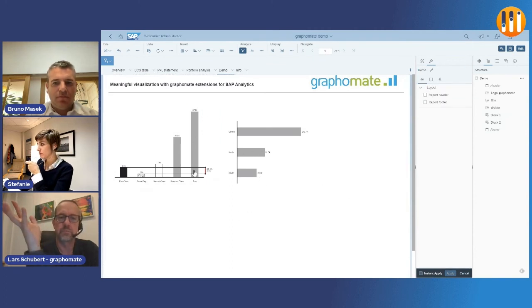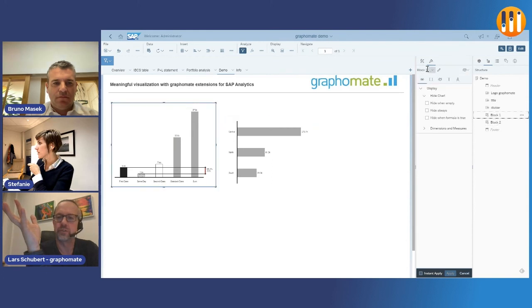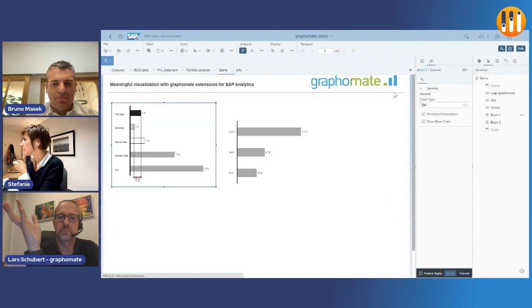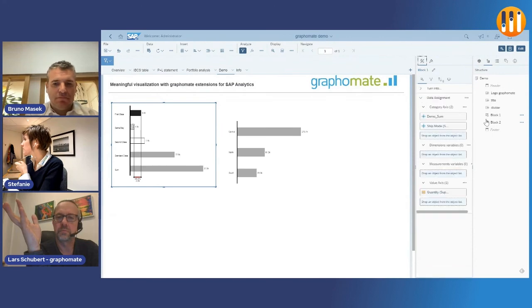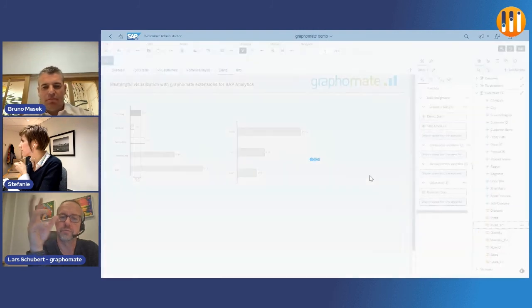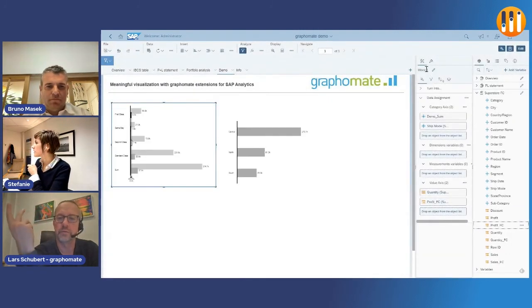Could you switch the axis once more for this chart? Yep, for sure. And could you show the deviations? Let's move this on. So therefore we need another FC value. Yes, we need to show the difference between actual. No, you showed quantity and profit. That should be different.